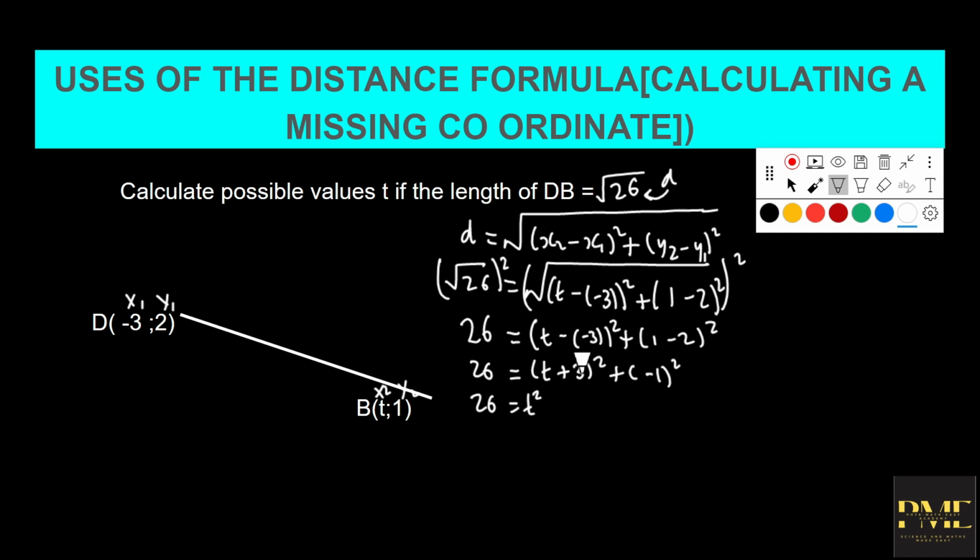So t times positive 3 is positive 3t, then positive 3t times 2, that's actually positive 6t, right? And then lastly, you square your last term, so you will have positive 3 squared, which is positive 9, okay? Then on the other side, we've got a negative 1 all squared, that will give you a positive 1, so that will be plus 1 respectively, all right?